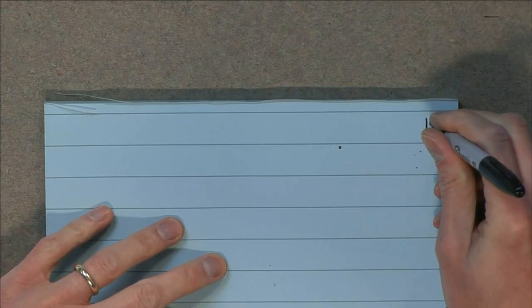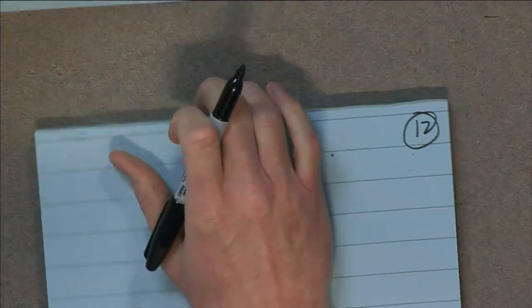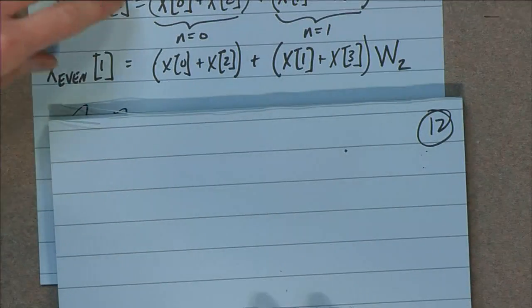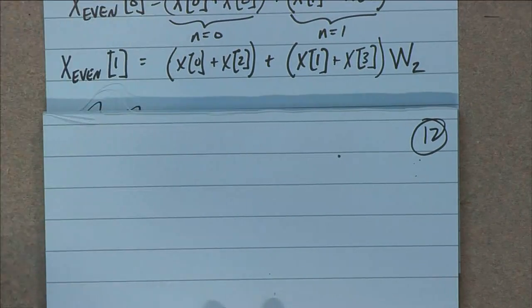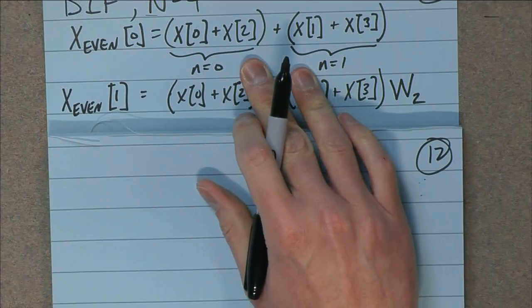So let's try it. And we'll start with, let's start with this one. So to get x even, let's see if we can put it on screen all at once.